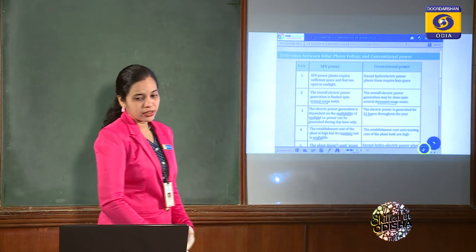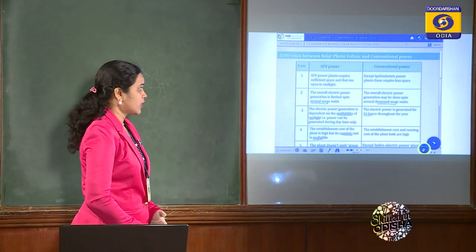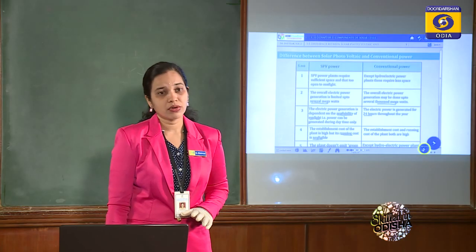Now we will see what are the differences between solar photovoltaic power and conventional power. Solar photovoltaic power means the power we receive from sunlight by using a photovoltaic cell or a photovoltaic panel.